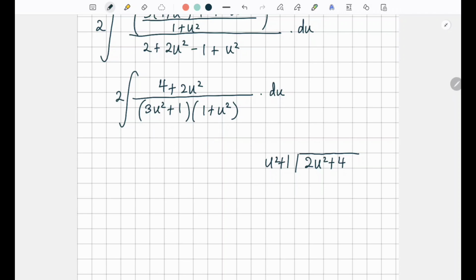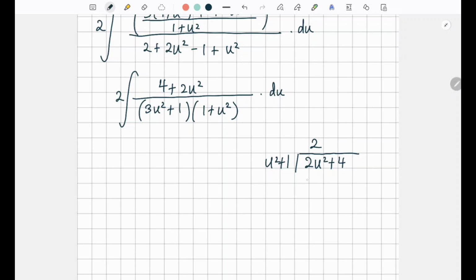So it's basically dividing the numerator by the multiples in your denominator. So when you divide 2u squared plus 4 by u squared plus 1, you can see you get 2. So 2u squared divided by u squared is 2, right?